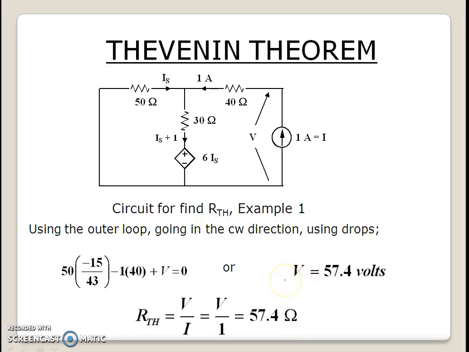See, the resultant voltage is 57.4 volts, and the current through the terminals A and B is 1 ampere, which results in the Thevenin's resistance as 57.4 ohm.